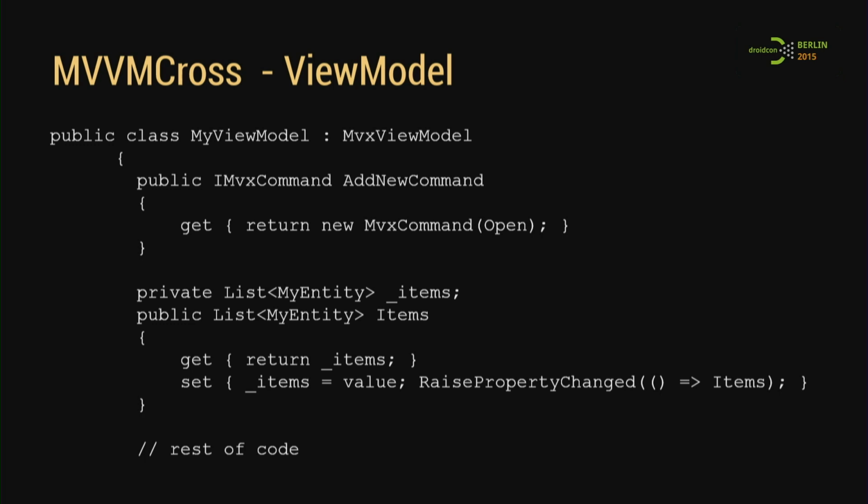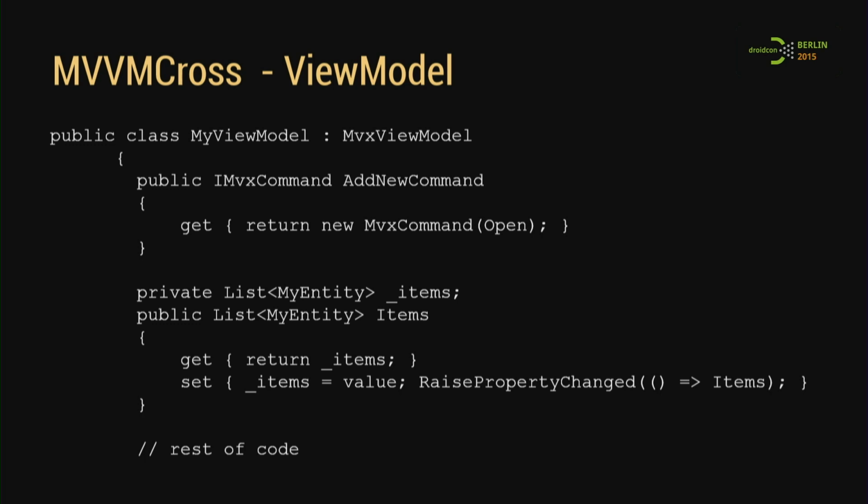If you want to, for example, connect a button to a method in our view model, we need to just create a property of type IMvxCommand. The parameter of this MvxCommand is the function or method which should be run during this command.